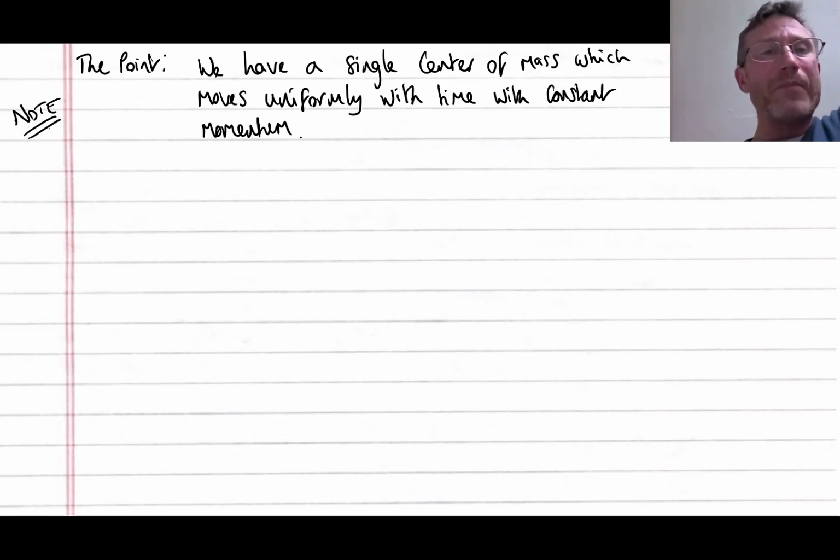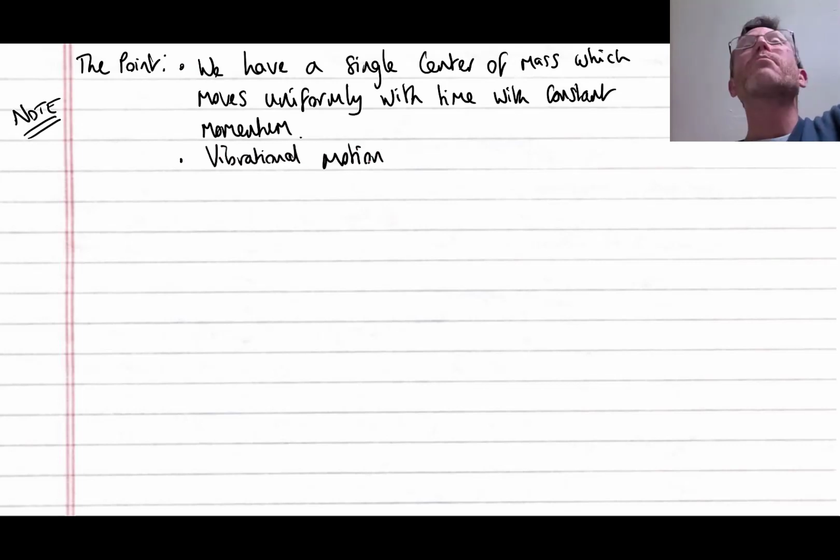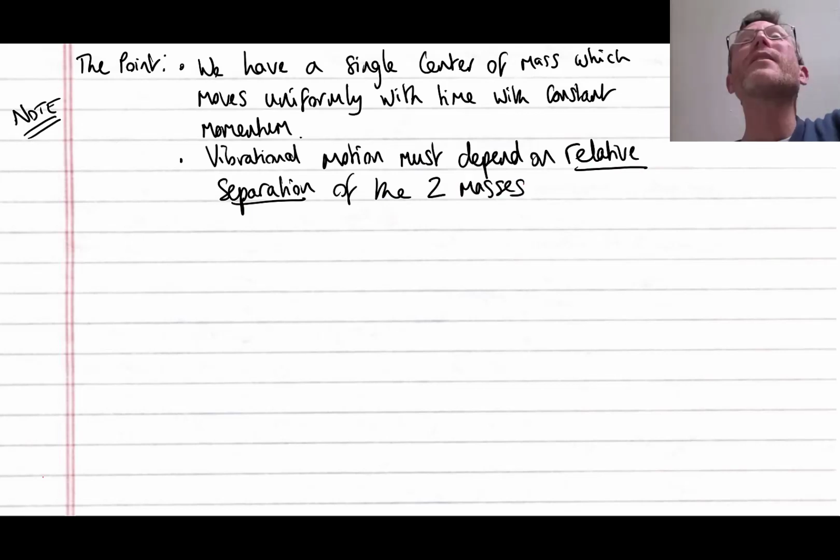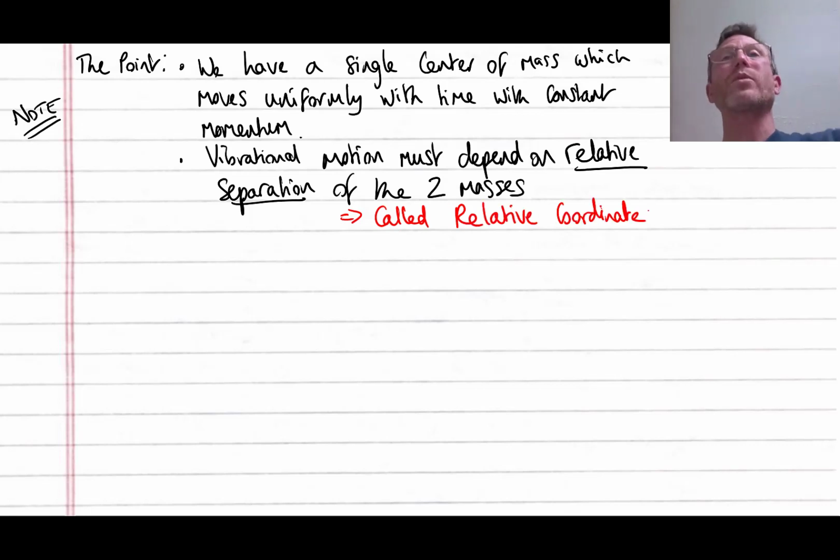We're also going to recognize another point. Vibrational motion must depend on relative separation of the two masses, and this is called the relative coordinate. Okay, so we're going to use the relative coordinate later.